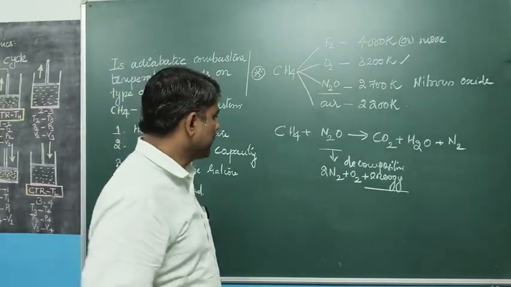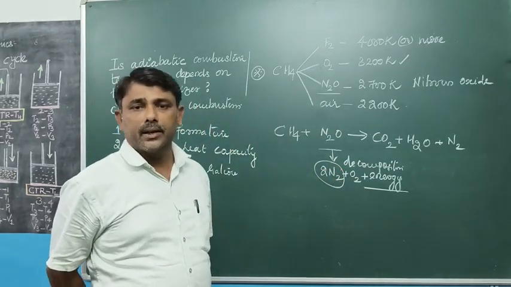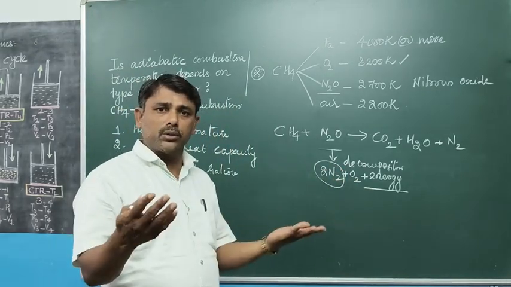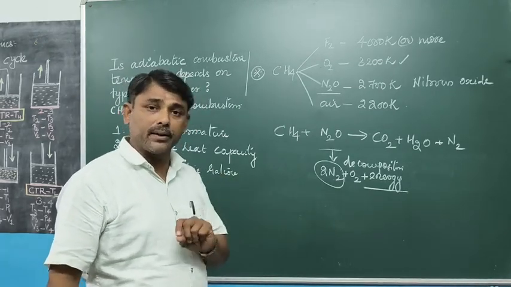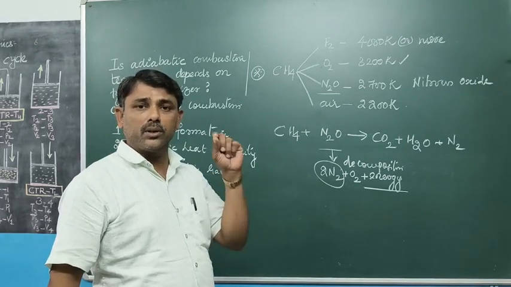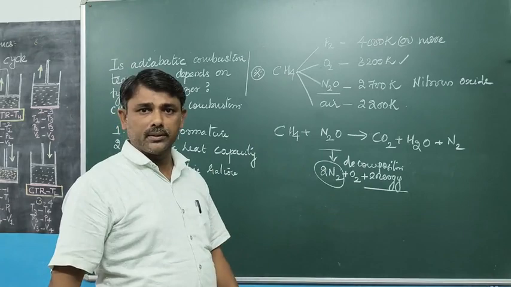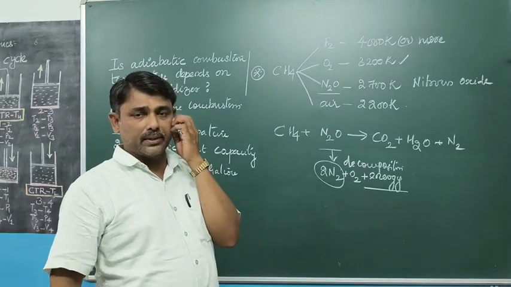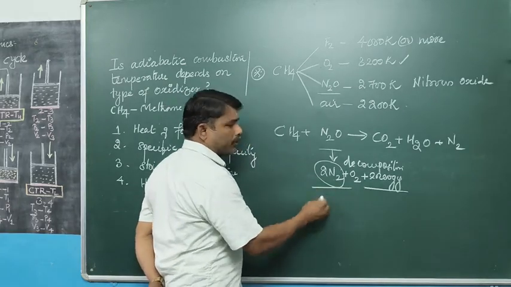Subsequently, the formation of nitrogen, what we call the non-reactive product, contributes nothing to the combustion process. On the contrary, it consumes a certain amount of energy from the total energy of the combustion process. It decreases the final temperature due to the presence of a non-reactive component.